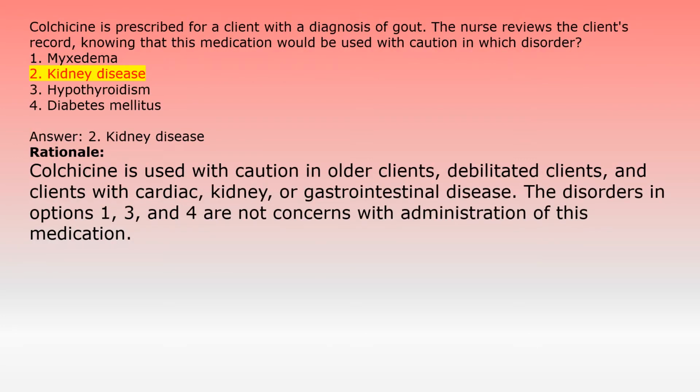Answer: 2. Kidney disease. Rationale: Colchicine is used with caution in older clients, debilitated clients, and clients with cardiac, kidney, or gastrointestinal disease. The disorders in options 1, 3, and 4 are not concerns with administration of this medication.